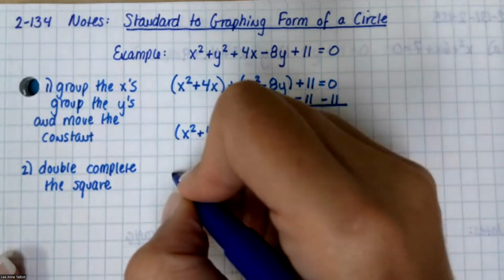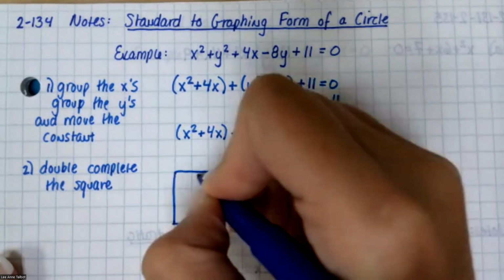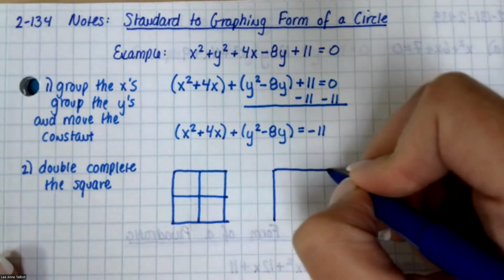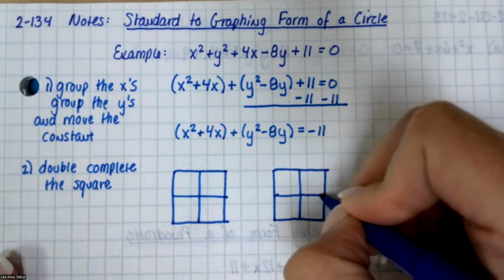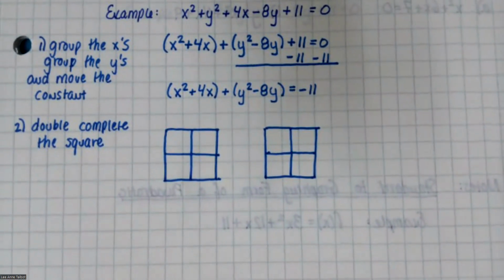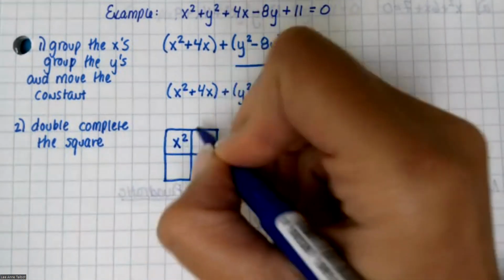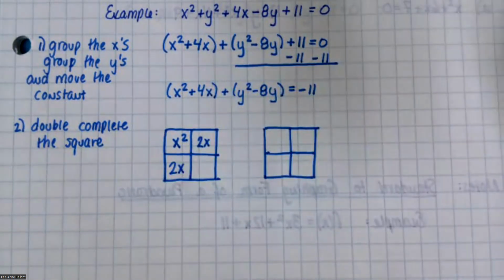Okay, now we're going to double complete the square. So in this box, I have x squared, and then my 4x tiles, I'm going to break into 2x and 2x.